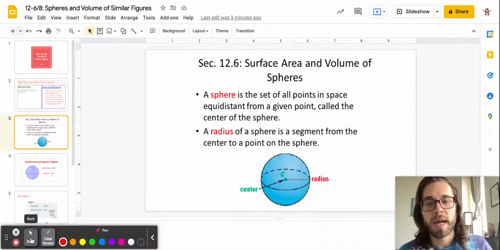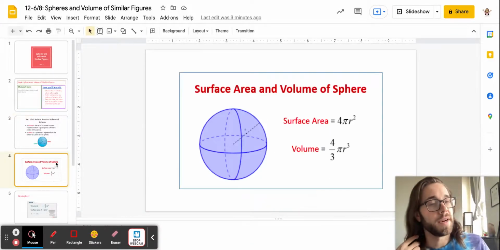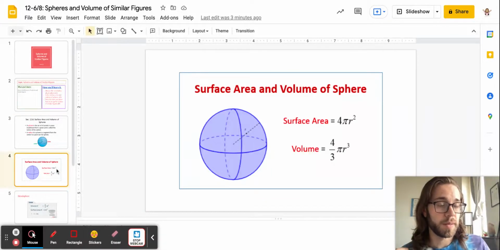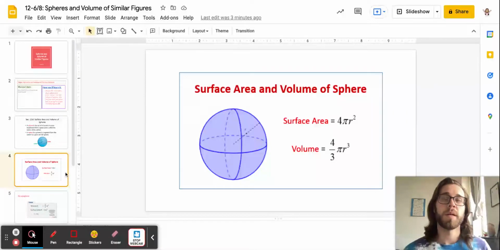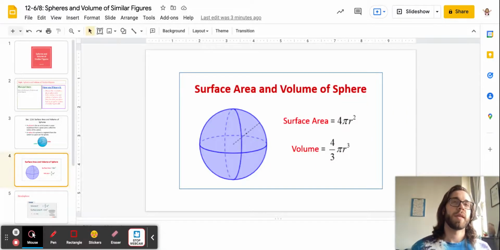Now, since we are dealing with surface area and volume, we do have to worry about the formulas. Just like with the cone and the cylinder, we're not really going to talk about where these formulas come from, but they are derivable using knowledge of circles, and you can look them up. We didn't focus a lot on circles yet, so we're not going to focus on them right now.